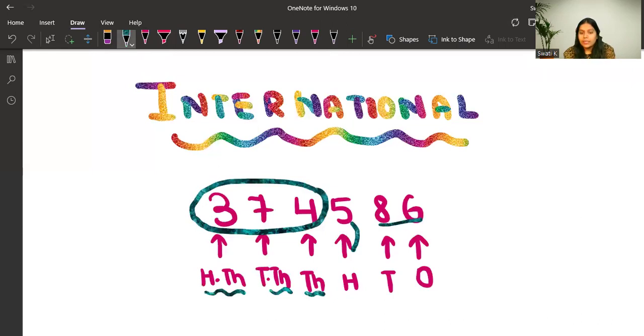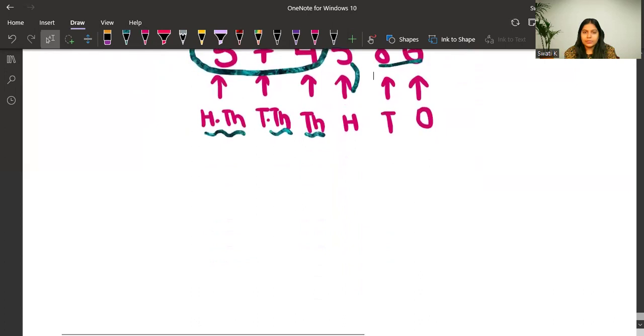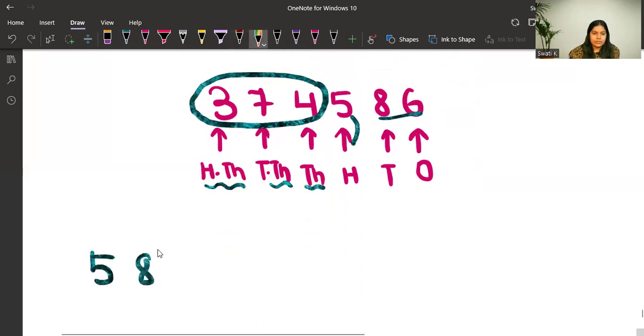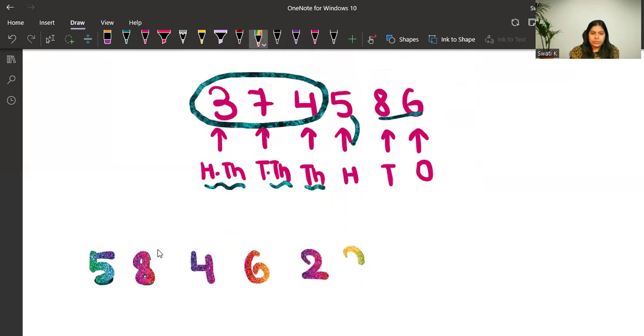That's how we read it in the international place value system. Let's take another number. Okay. So another number will be 5, 8, 4, 6, 2, 3, 5.